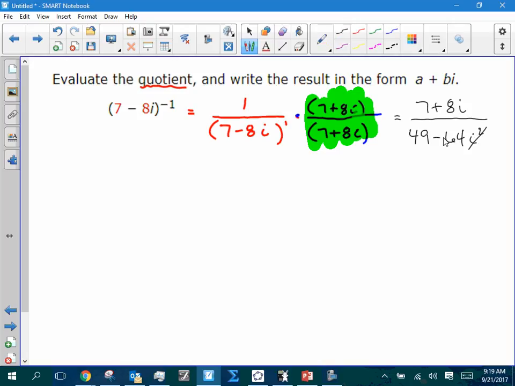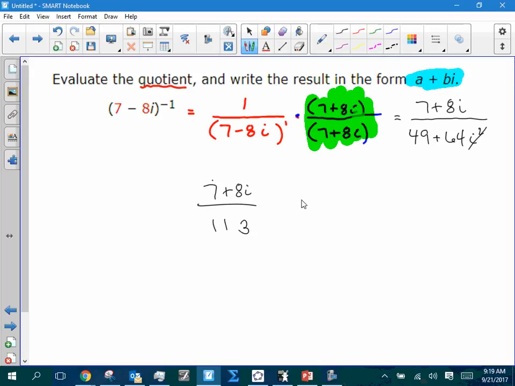The i squared becomes a negative 1, which is going to change the sign of my 64. So now I got 7 plus 8i all over 49 plus 64 gives me, what, 113, is that right? Now, I think if you type it in that way, WebAssign is probably going to throw a fit about that, because it's really not in this form.